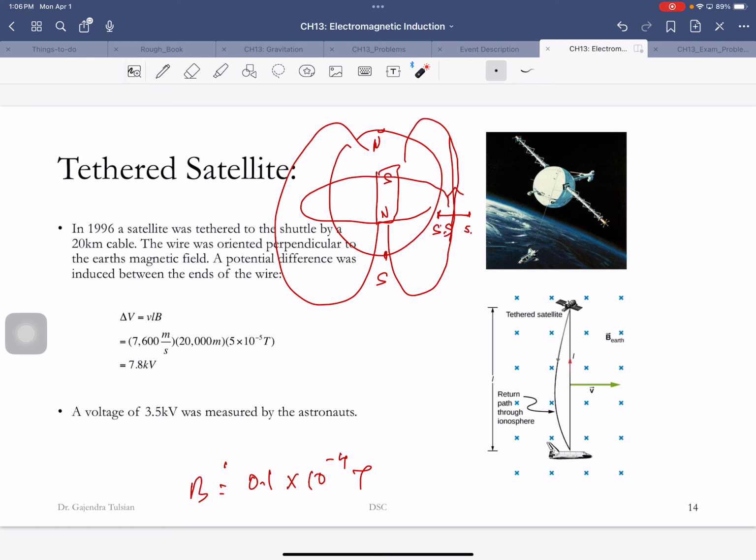So the voltage that would develop across the wire would be 8,000 volts. They actually measured it, and it came out to 3,500 volts, because some of the charge would leak out. This was interesting enough to test with the space shuttle.